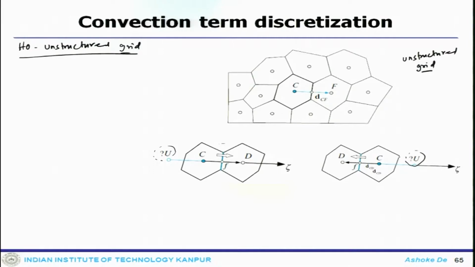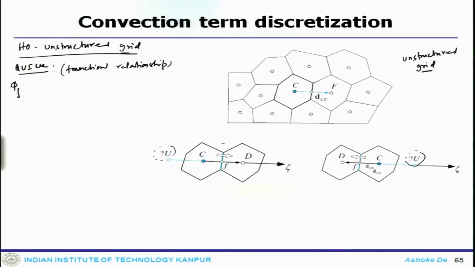So, how one can do that is, let us say whatever profile we have developed for the structured grids, we can now extend and try to use the same thing here. For example, let us start with the QUICK scheme, which has a functional relationship.